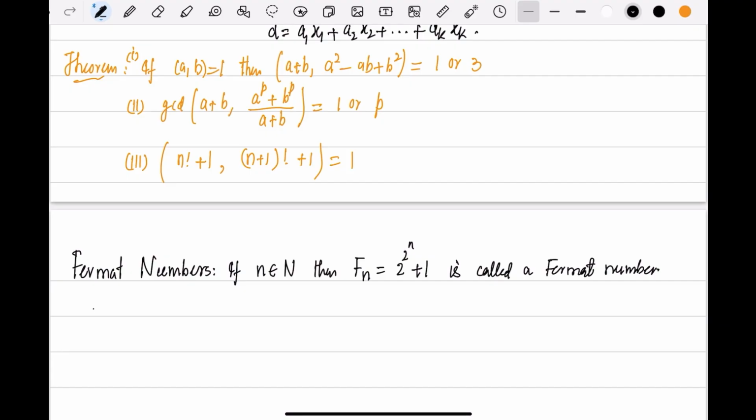Now we have some properties of Fermat numbers. We can write F1, which is equal to 2 to the power 2 to the power 1 plus 1, that is equal to 5.